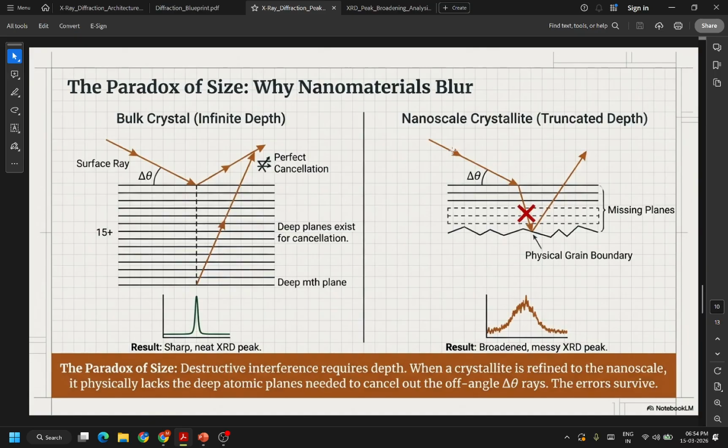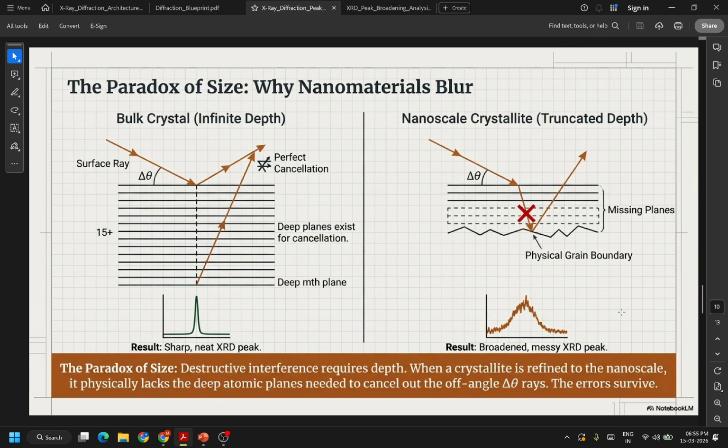And what we get as a result is broadened and messy X-ray peaks, as you can see here. So the broadening is also dependent on the size of your crystals.